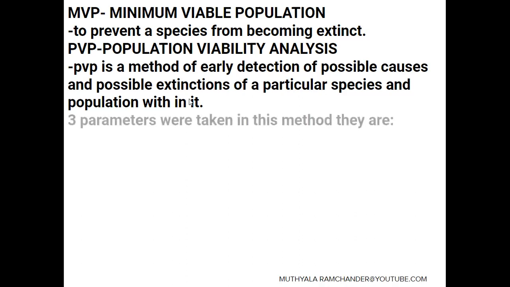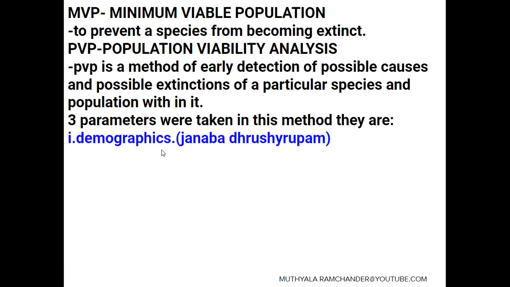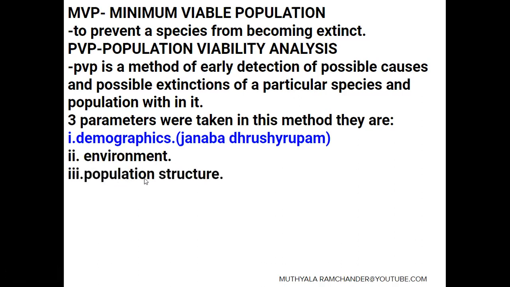Species viability analysis has three parameters taken in the method. They are demographics, environment, and population structure.